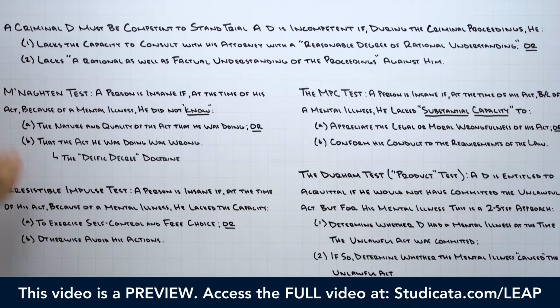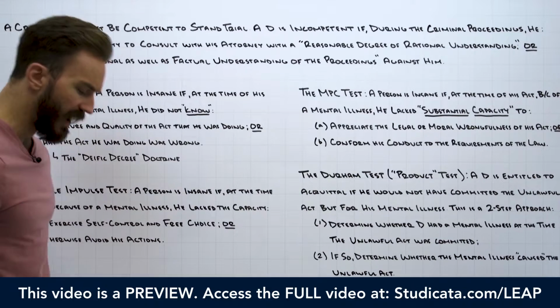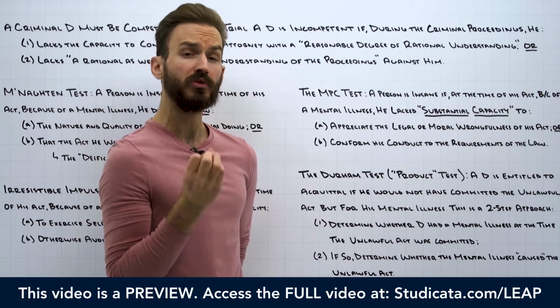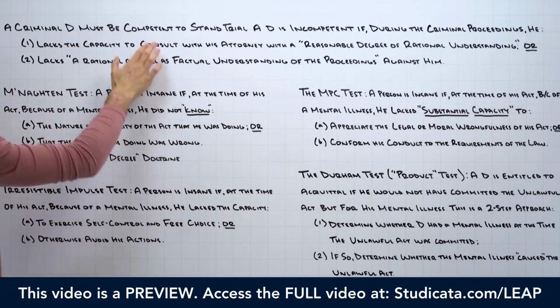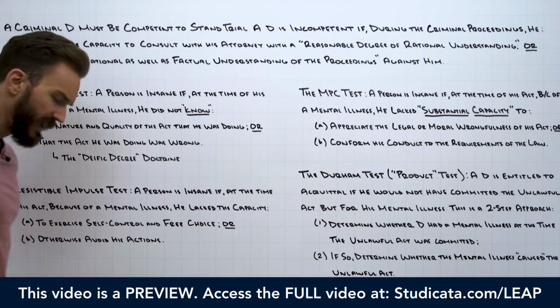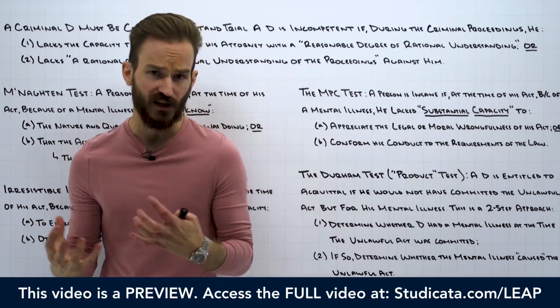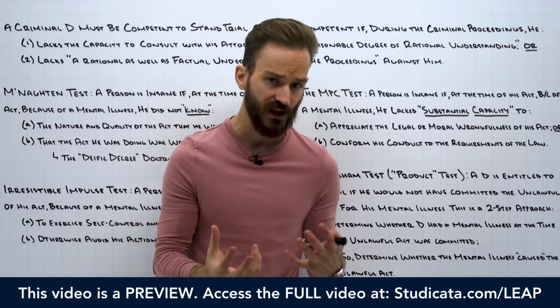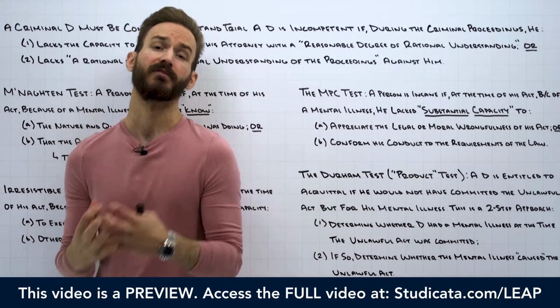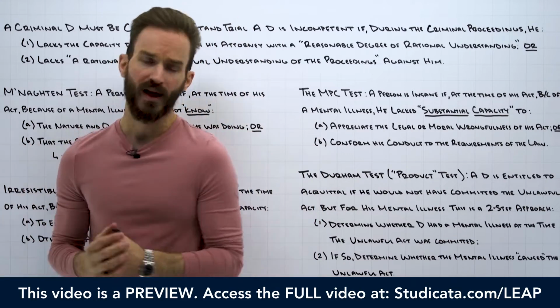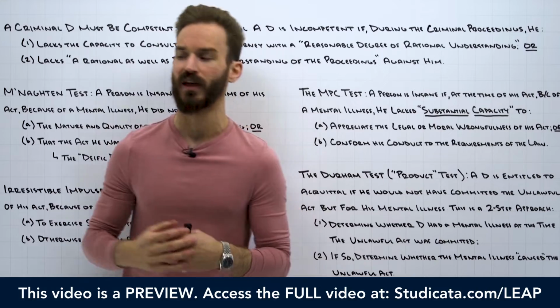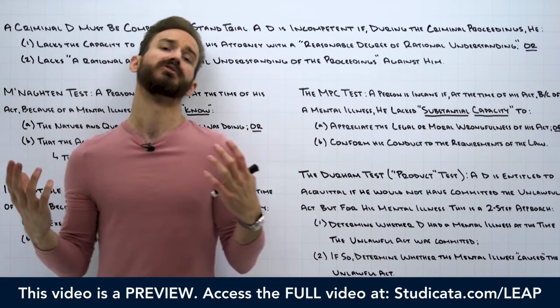So pursuant to the Due Process Clause of the United States Constitution, a criminal defendant must be competent to stand trial. An incompetent defendant is not going to be able to effectively communicate with his attorney, right, which is going to be problems with effective assistance of counsel. An incompetent defendant isn't going to be able to testify on his own behalf.